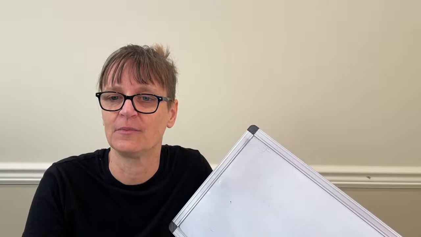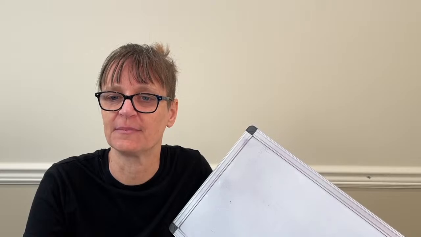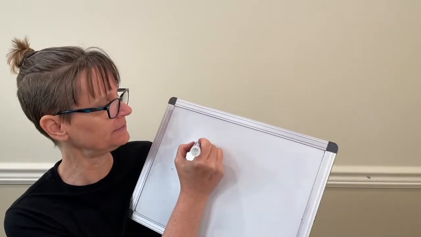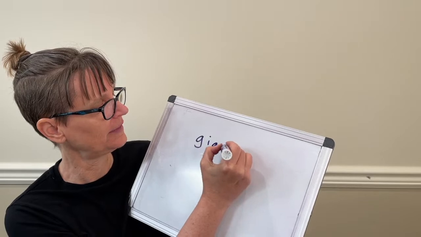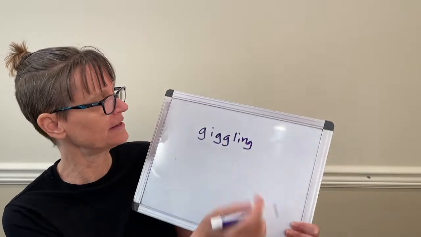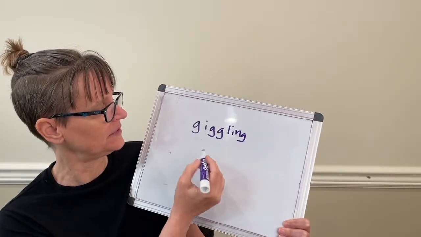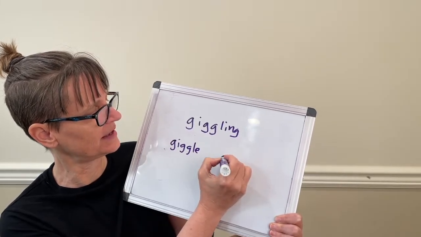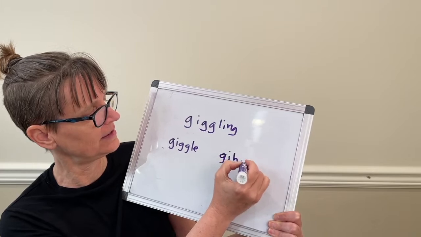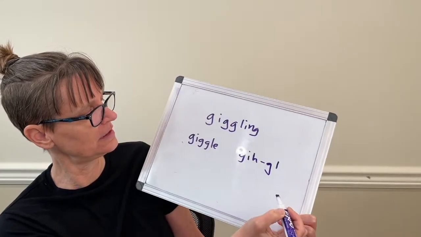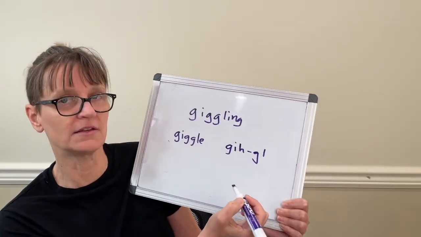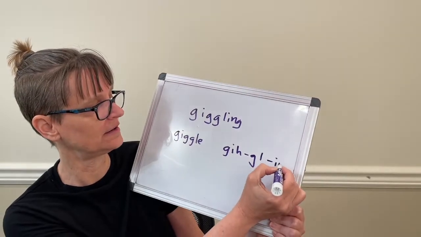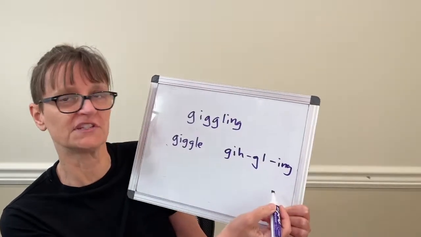Okay. We have a question about the word, I'll go back, let's see. So we have some that I missed. The word giggling. I think there's two options here for giggling. We have the word giggle, which sounds like giggle. So we can say giggling, making it 3 syllables.